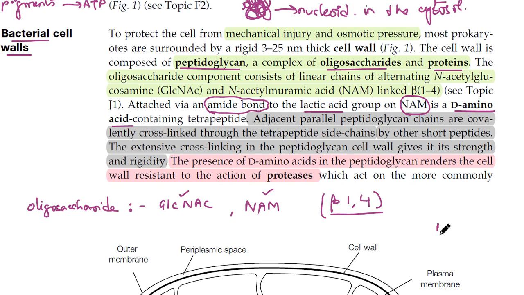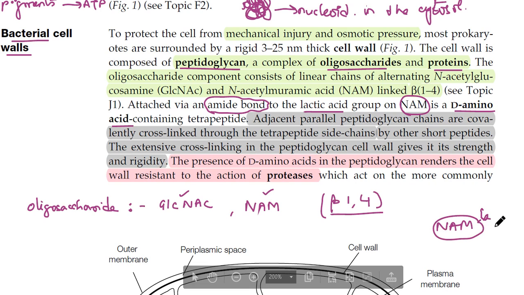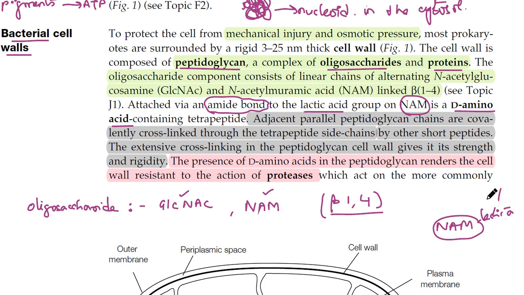So on the NAM, there is a lactic acid group here. To the lactic acid group, there is D amino acid formation. Here is the linkage of D amino acid via the amide bond.